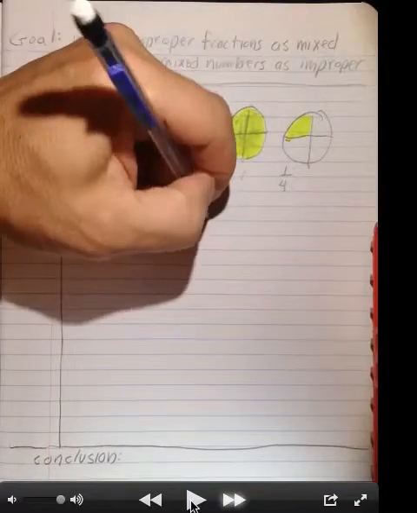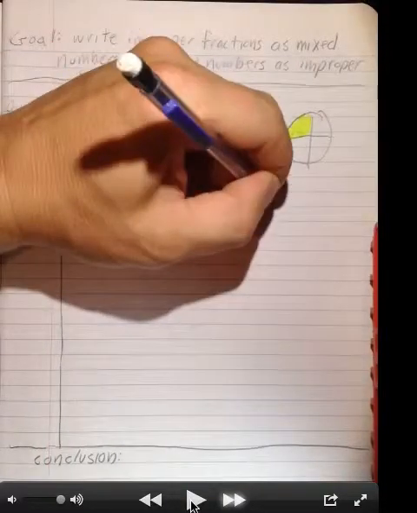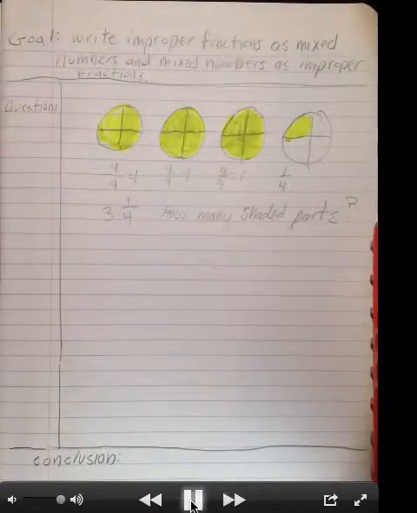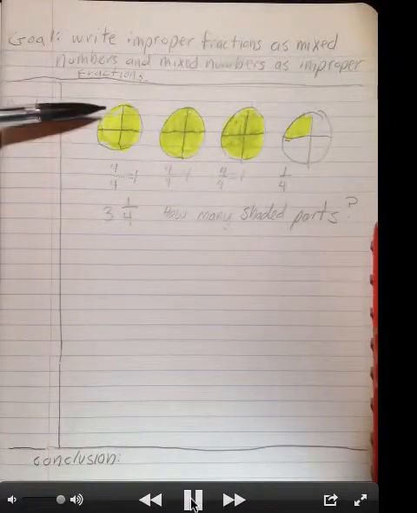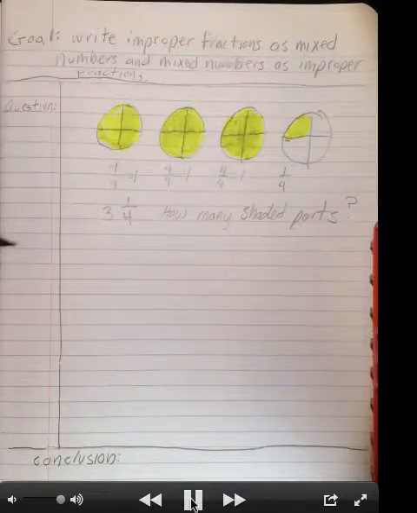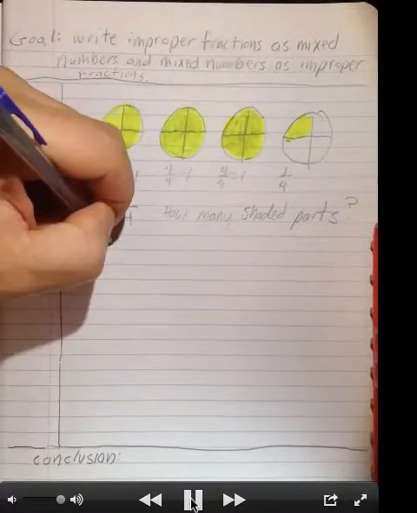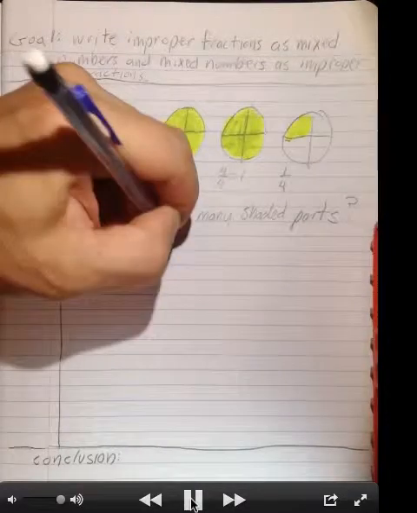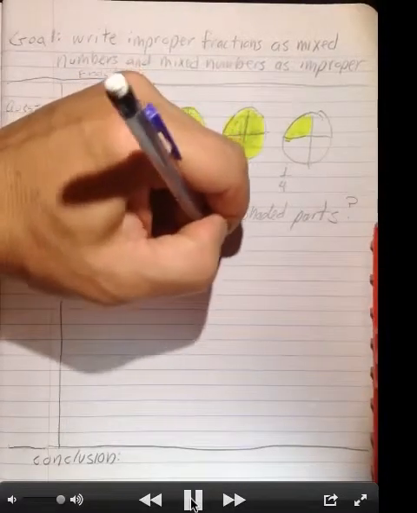How many shaded parts are there? Go ahead and count those up. How many shaded parts? There's 13 shaded parts. And the question is, what do we call these 13?